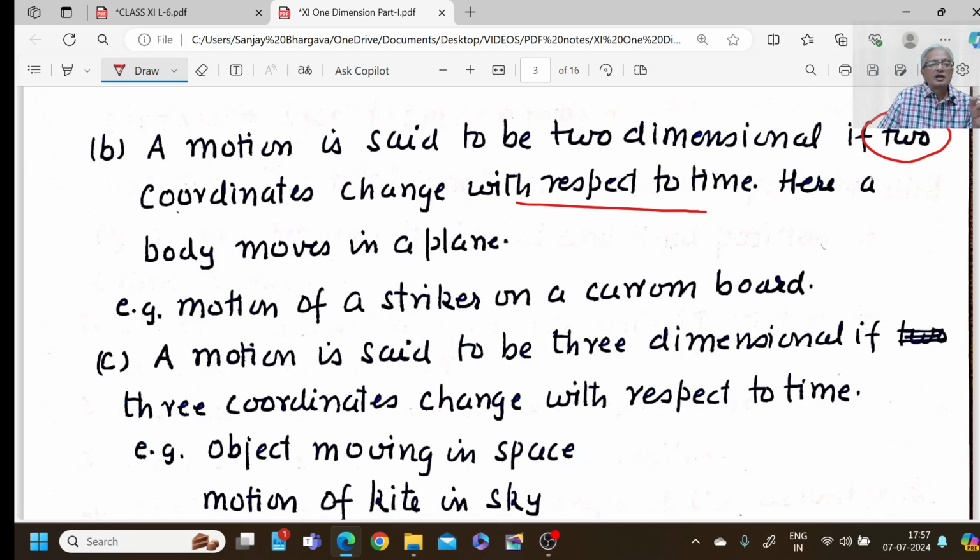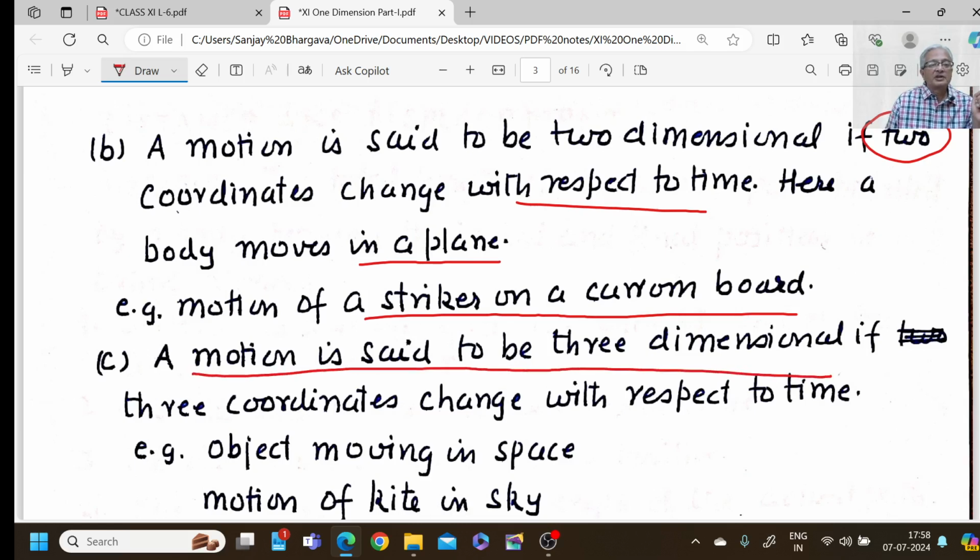In this case, the body would be moving in a plane. Example, motion of a striker on a carom board. That is purely 2-dimensional motion because the carom striker is moving in a plane. Similarly, a motion is said to be 3-dimensional if 3 coordinates change with respect to time.